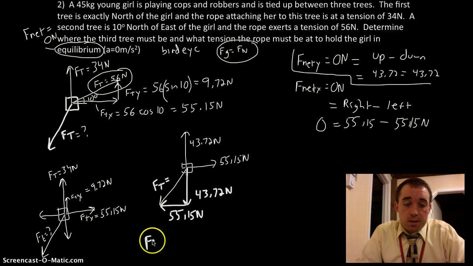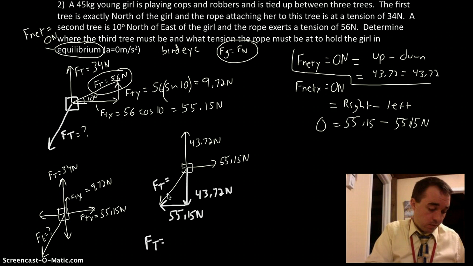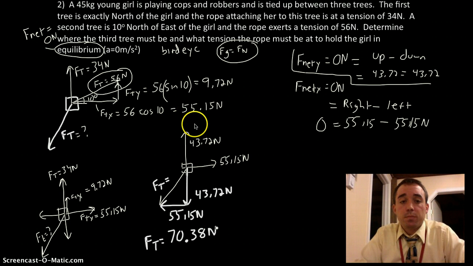The Pythagorean theorem tells us that the third tension force, 43.72 squared plus 55.15 squared, square root, is going to be 70.38 newtons. So that's the magnitude.